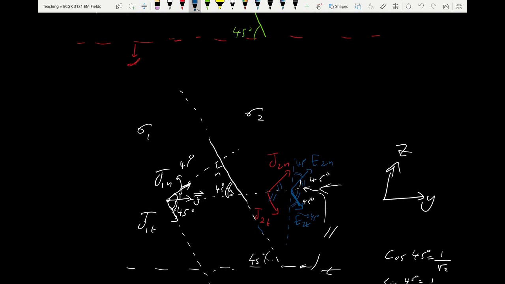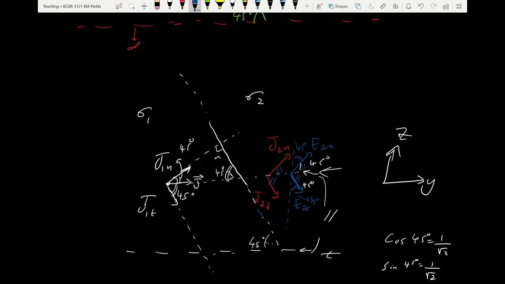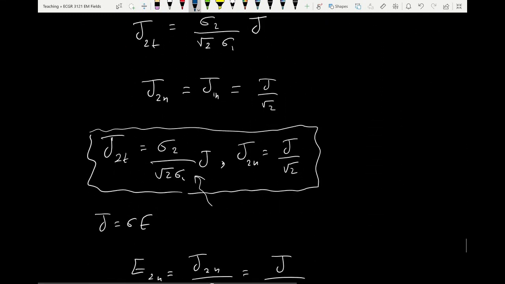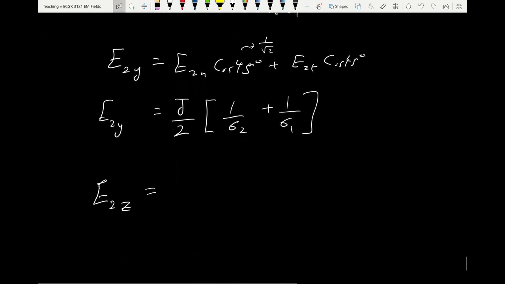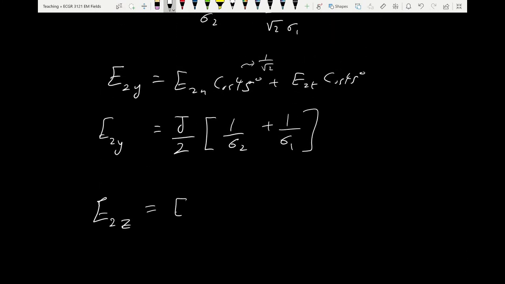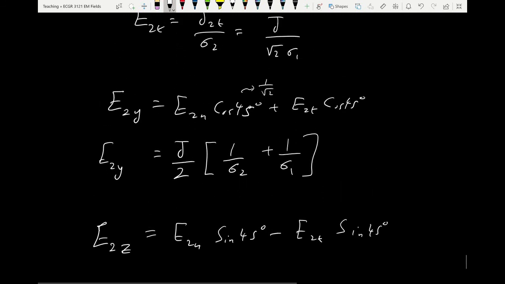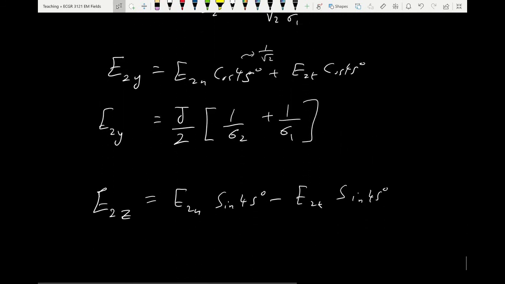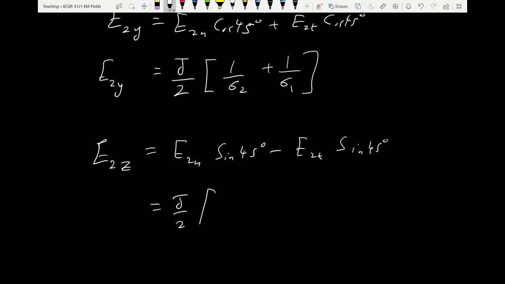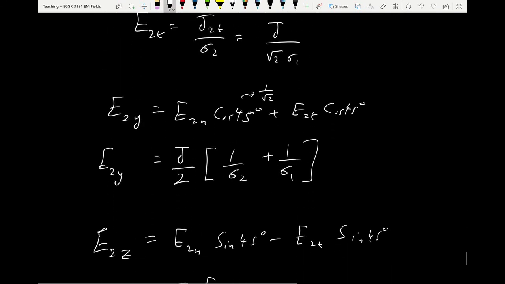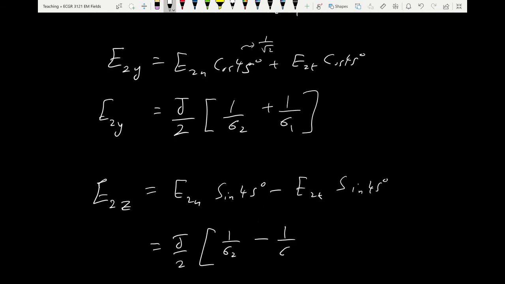It's the same thing, right? There's going to be a minus sign there because the two components are opposing each other. So E2z is going to be E2n sine or cosine 45, it doesn't matter, minus E2t sine 45 degrees. This is 1 over square root of 2, same deal, we'll get J over 2, but then the leftover is going to be 1 over sigma 2 minus 1 over sigma 1.